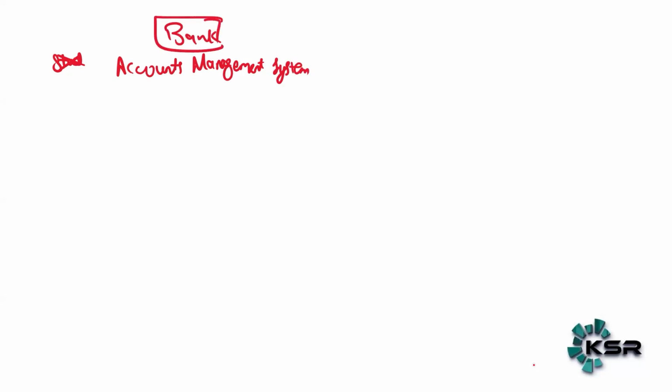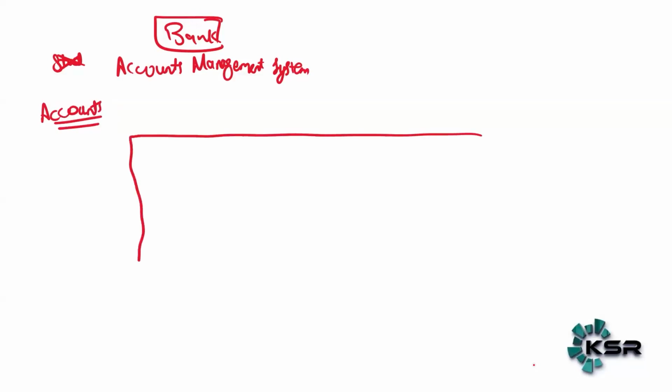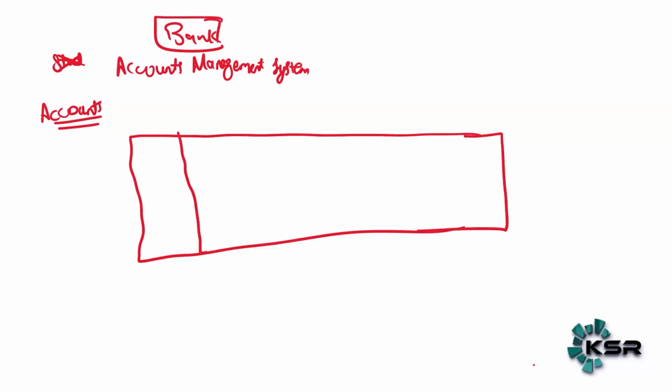What will be the table name, guys? Suppose the table name is accounts. This is the table that we have. What will be the fields here? Just give me a few fields. Account ID.